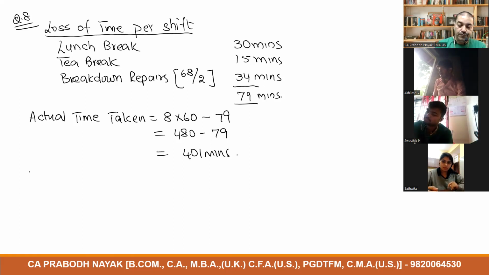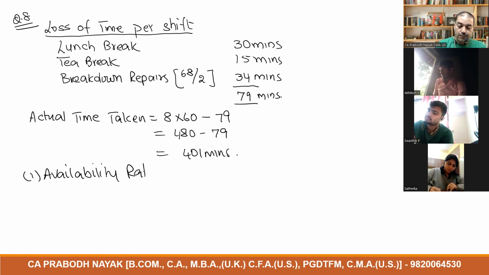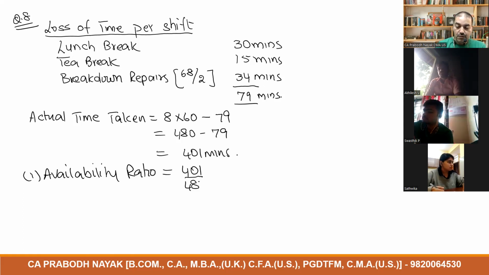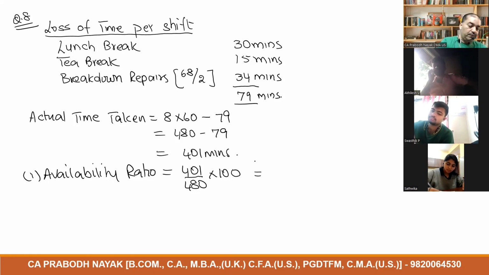Availability ratio: 401 divided by 480 into 100 is 83.54%.